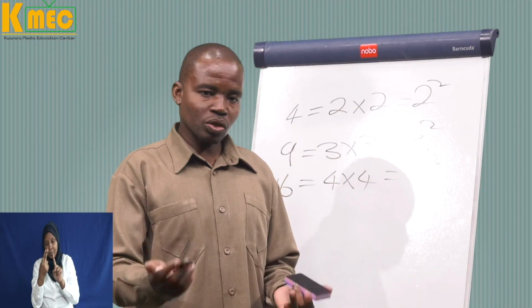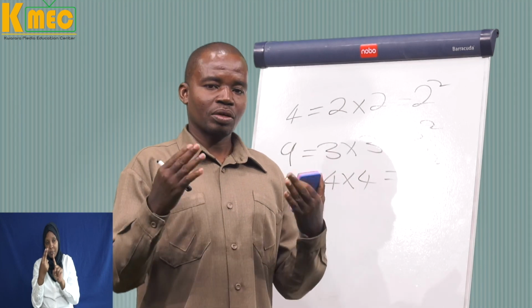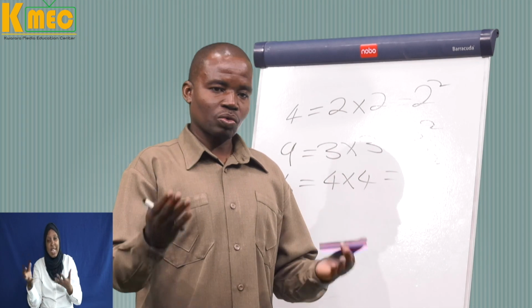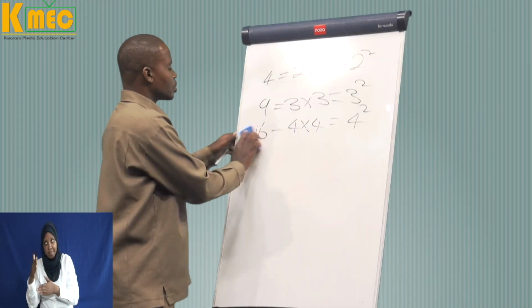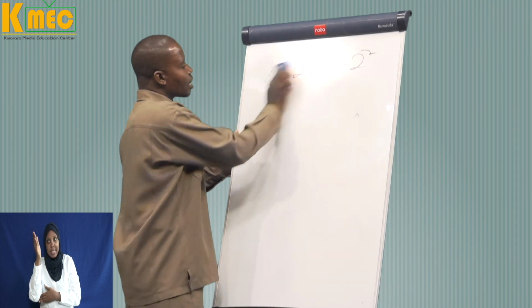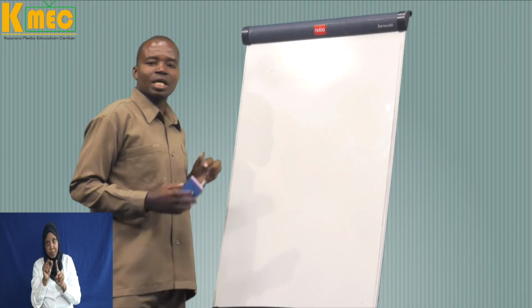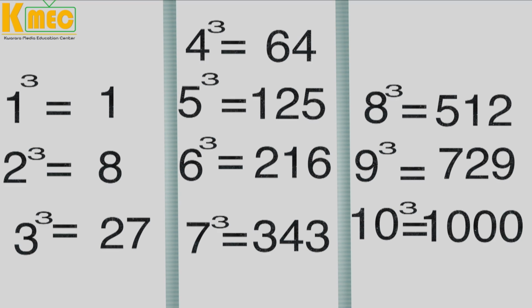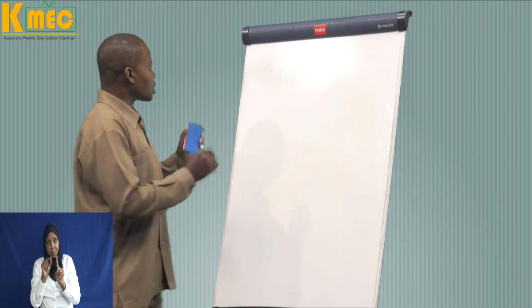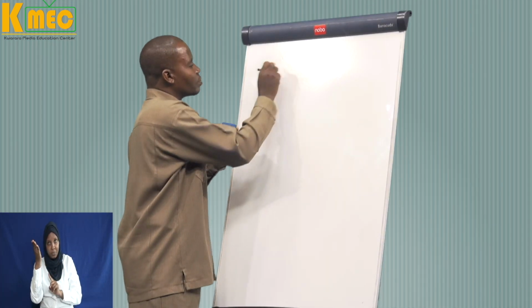Now, let's go together on more practice to construct a table of cubes. This is the table of square, but we also want to construct a table of cube. What is the value of 1 cube?